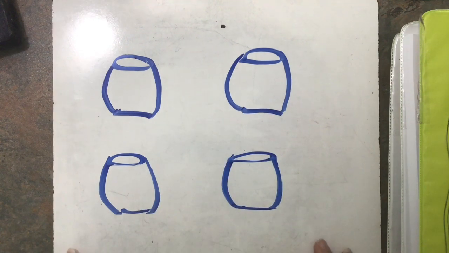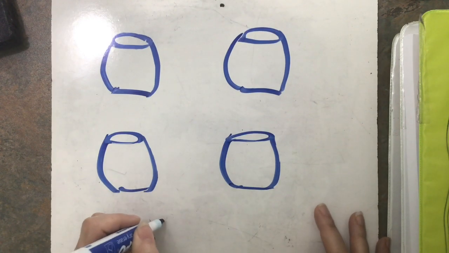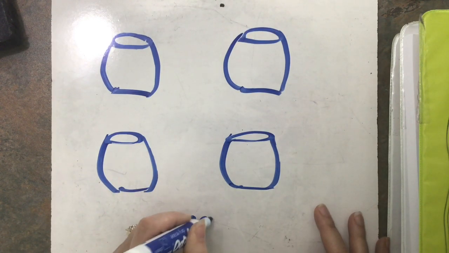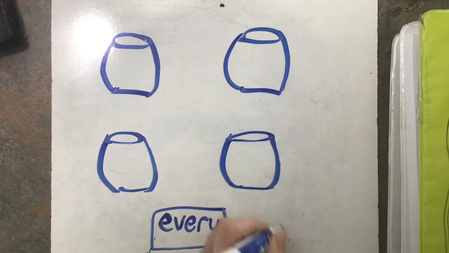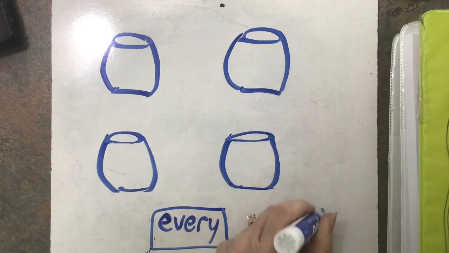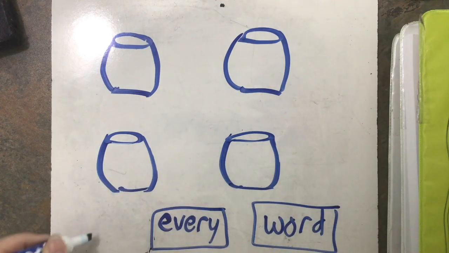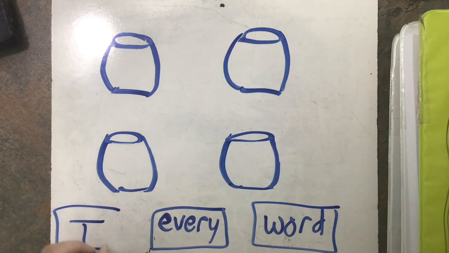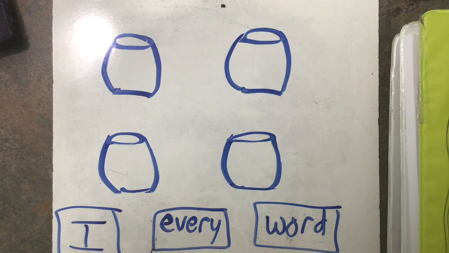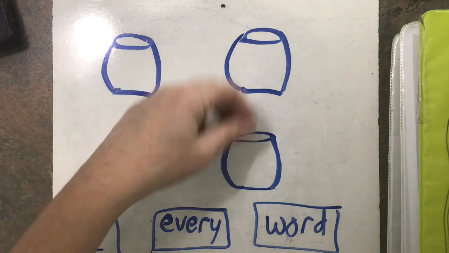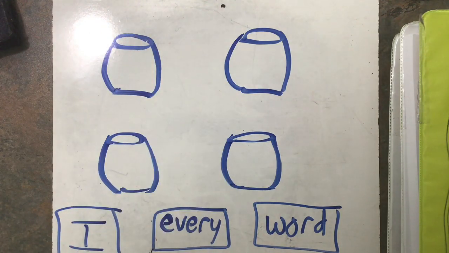If I were to take every word that I say and write each word on its own note card, I can take that word and drop it into one of 8 barrels.